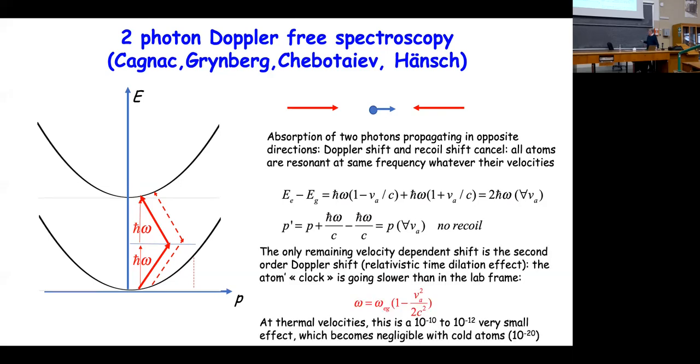And in this case, the only velocity-dependent shift is the second-order Doppler effect, that is the relativistic effect, the fact that the clocks in the reference frame of the atoms are different from what they are in a frame at rest in the lab.